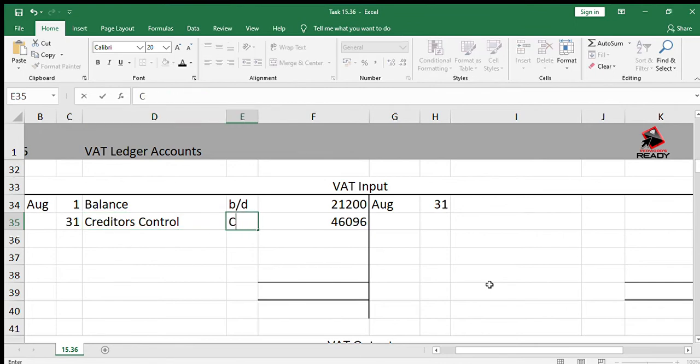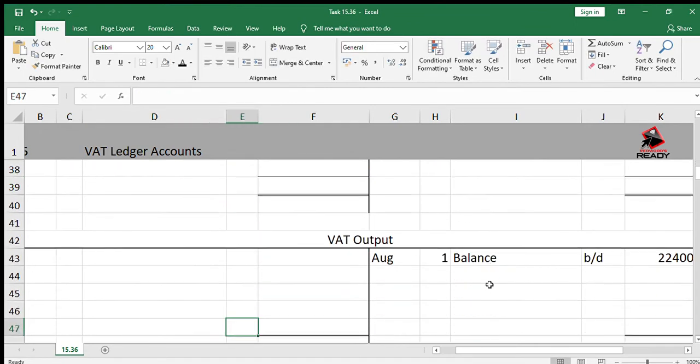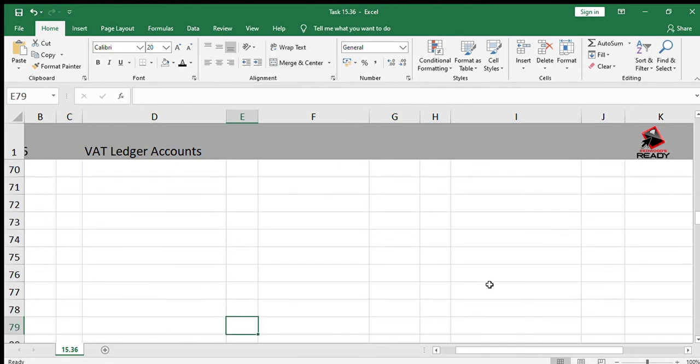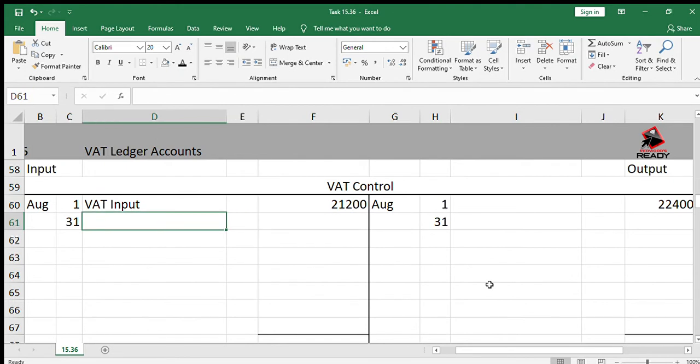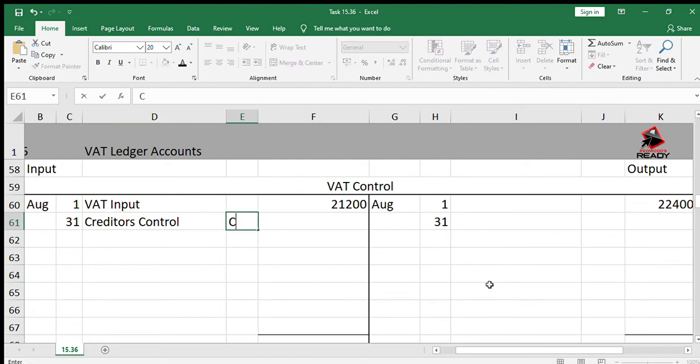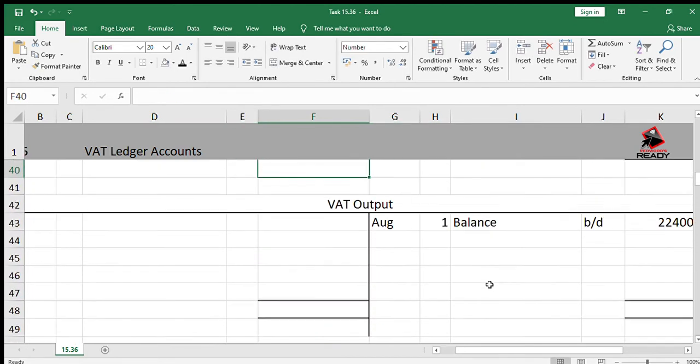Okay, if you are only doing the VAT control account, it would go to the debit side of that with the same details. So we'll have here creditors control from the CJ. Okay, 46096.